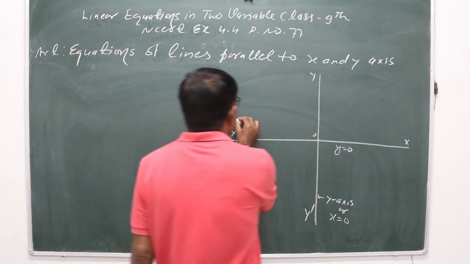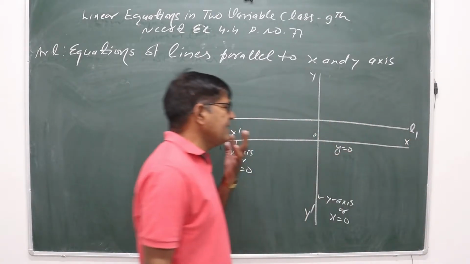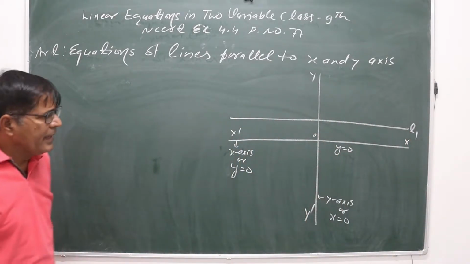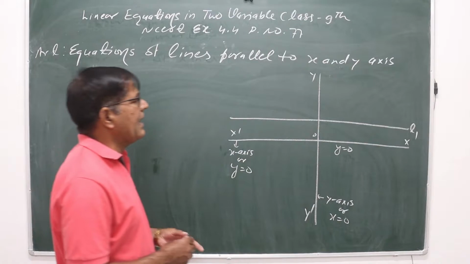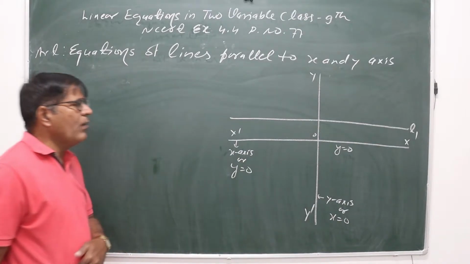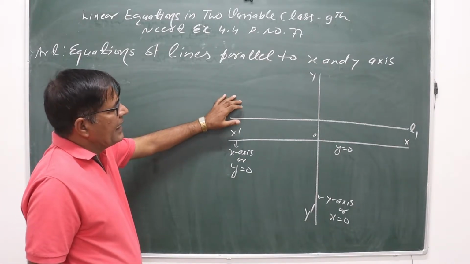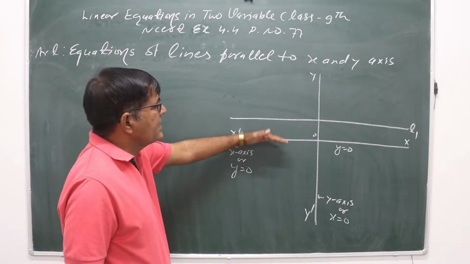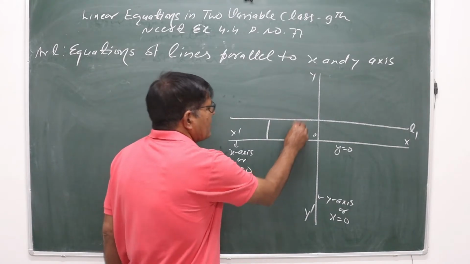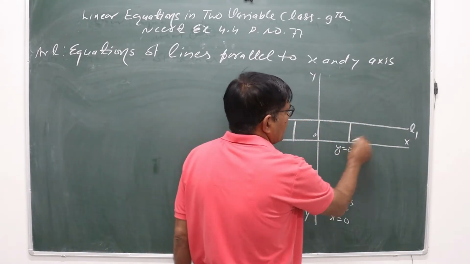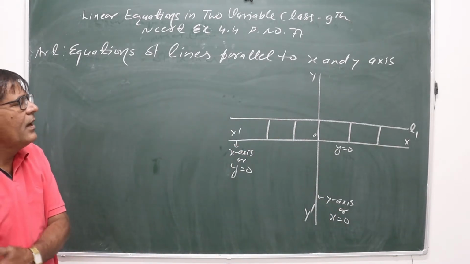Let us suppose we take one line, and call it L1. Then what is the equation of line L1, because it is parallel to the x-axis? If we observe this line L1, its distance from the x-axis is always constant, because it is parallel to the x-axis.